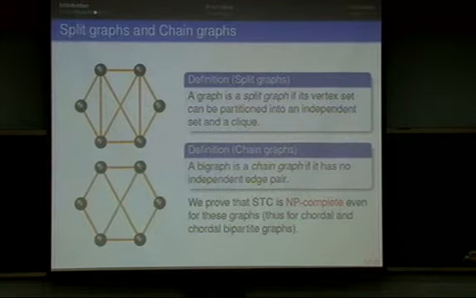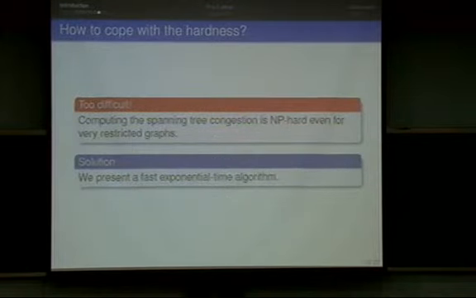But if you put this edge, then there is no independent edge pair, and this graph is a chain graph. Okay, and we prove that the decision version is NP-complete even for these graph classes. And so, because the problem turns out very difficult, we also give an exact exponential time algorithm.